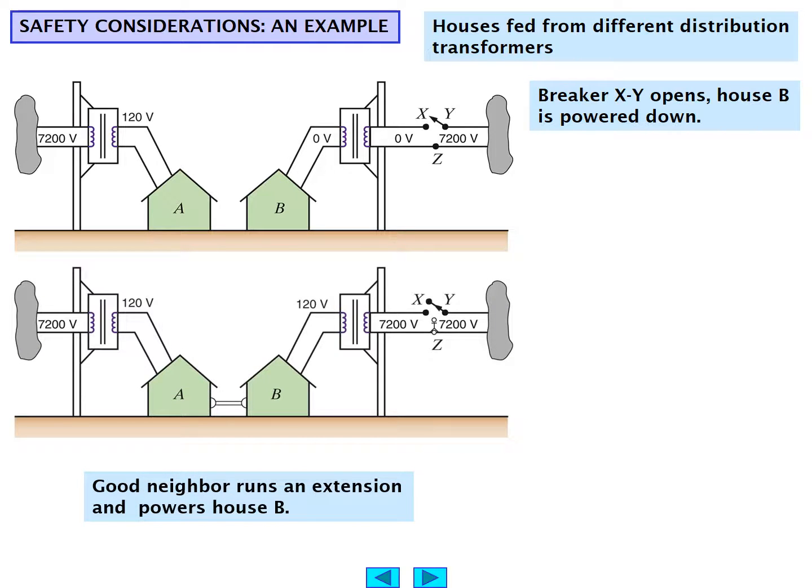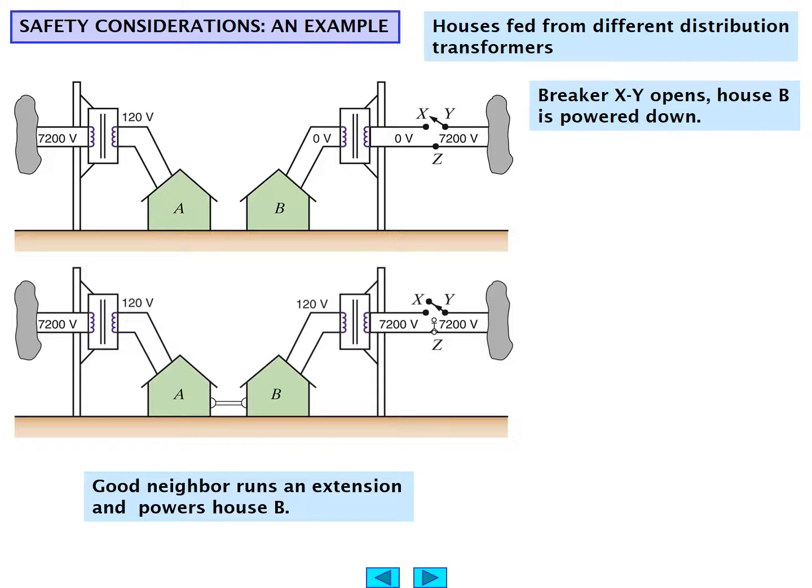Your good neighbor is not so good in this sense because your good neighbor runs an extension cord, and you're now powering house B throughout the entire house at 120 volts by plugging an extension cord with live voltage into a receptacle.